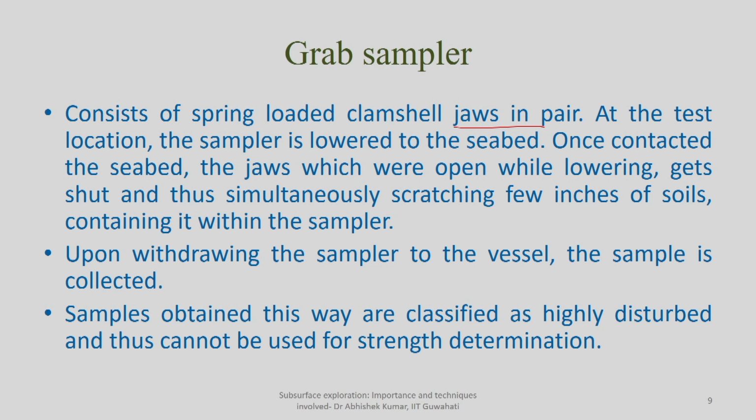The sampler is lowered from the vessel to the seabed. Once the sampler comes in contact with the seabed, what happens? The clamshells, which were locked in position by means of a spring arrangement, will be released, and as a result these clamshells will move and get locked at the bottom surface.